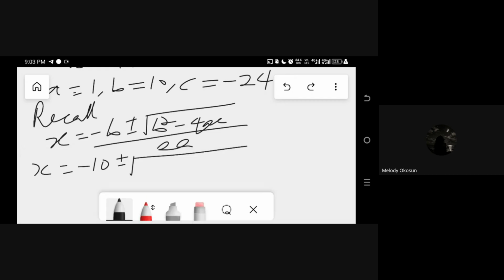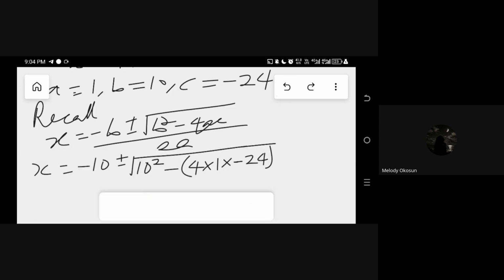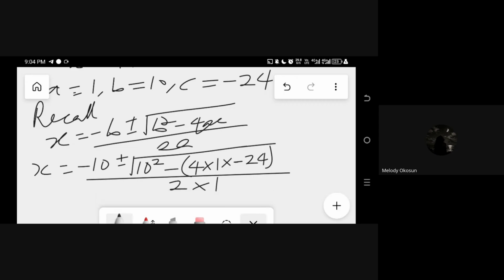B is 10, so 10 square, minus 4 times A, which is 1, times C, which is minus 24, all over 2A. That's all over 2 times 1 because A is 1.